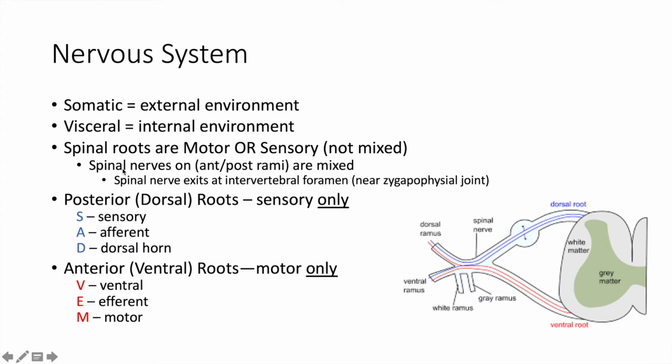The spinal roots are motor or sensory, but they're not mixed. They're not both of those. But our spinal nerves, like on our anterior or posterior rami, are mixed. They can be both. Our spinal nerves exit at the intervertebral foramen near that zygapophyseal joint.